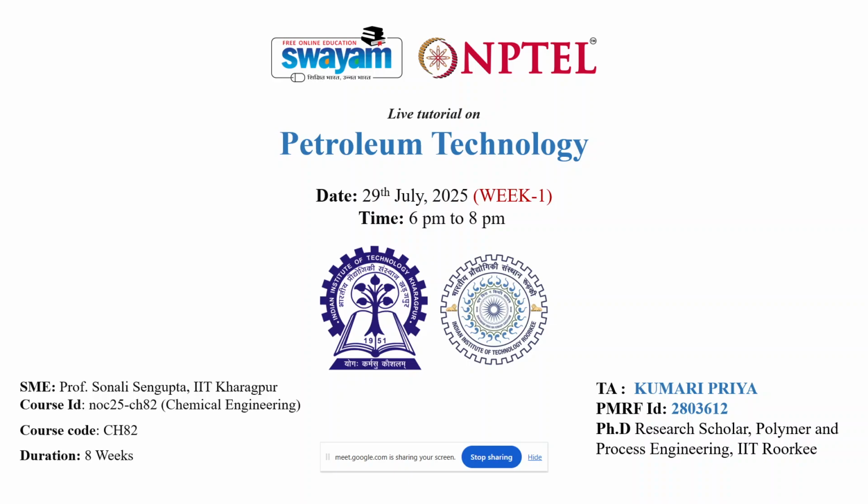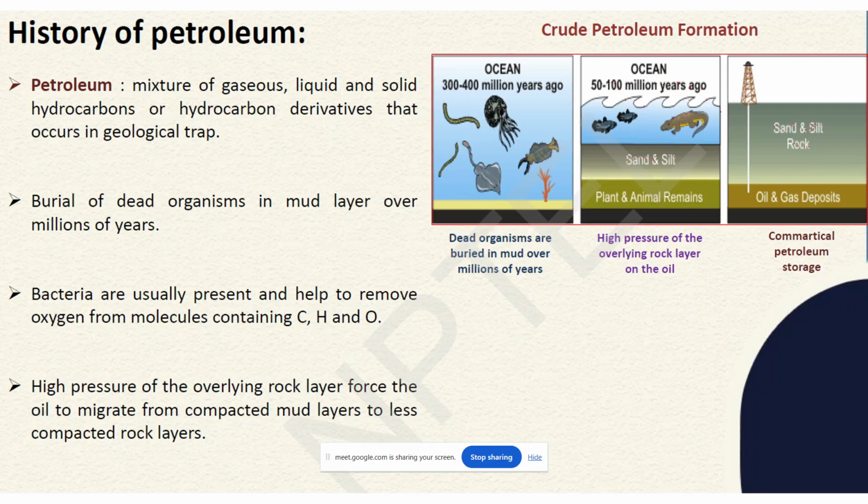Further, how to process it to get the final products we use in our daily life, which we will talk about in our further classes. Starting with the first slide, which is the history of petroleum.